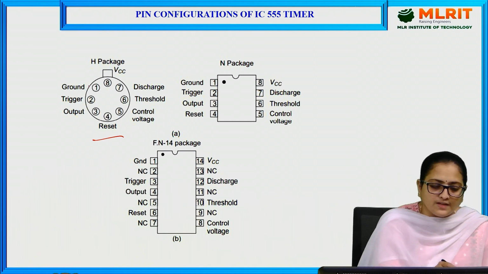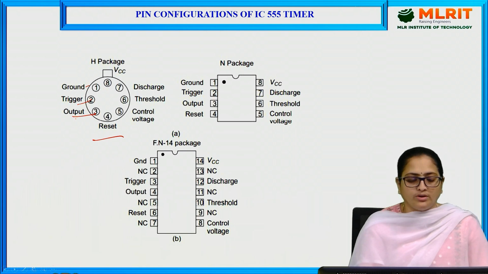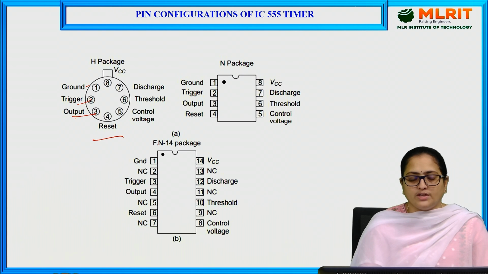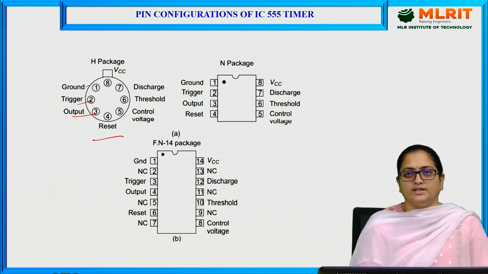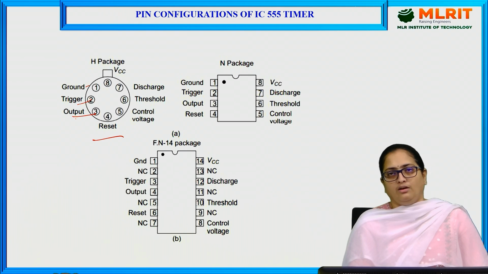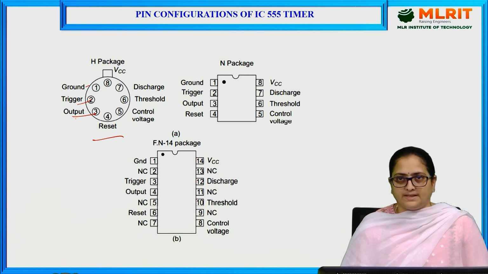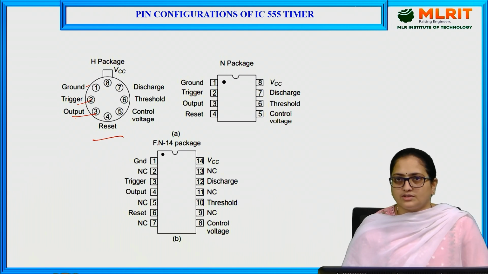The first pin is connected to ground, second pin is for trigger, third pin is connected to output, fourth pin is connected to reset, fifth pin is for control voltage, sixth pin is for threshold voltage, seventh pin is for discharge and eighth pin is for VCC. This is called a metal can package because it looks like metal on the outer part of the IC, and it is available in a circular shape.